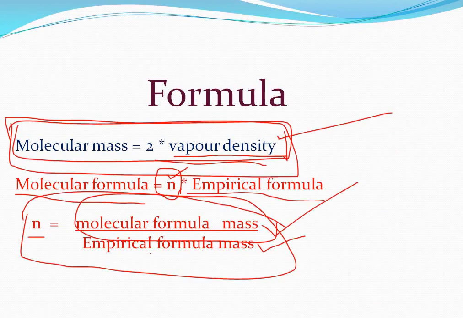I hope you understand every part of this molecular formula and empirical formula concept. We have only two types of concepts: the vapor density and the percentage composition. You calculate the empirical formula with the help of percentage composition, and after that you can calculate the molecular formula. But please remember that it is compulsory to make the table properly to get full marks in your numerical.